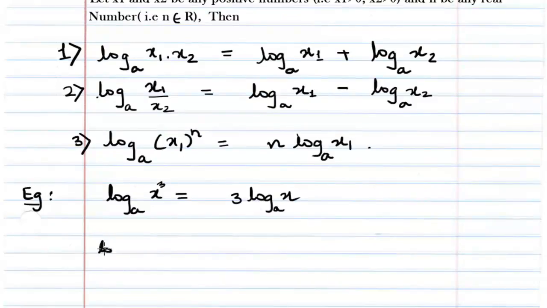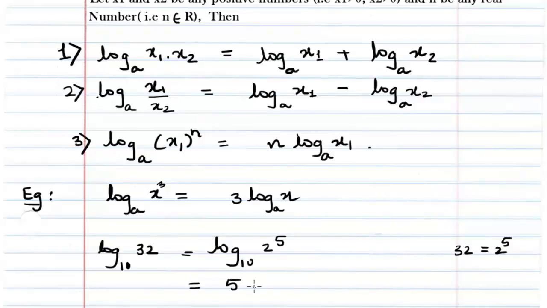I'll take another one. Log of 32 to the base 10. Now 32 can be written as 2 to the power 5. So this becomes log of 2 to the power 5 to the base 10, right? Now this can be written as 5 log of 2 to the base 10.